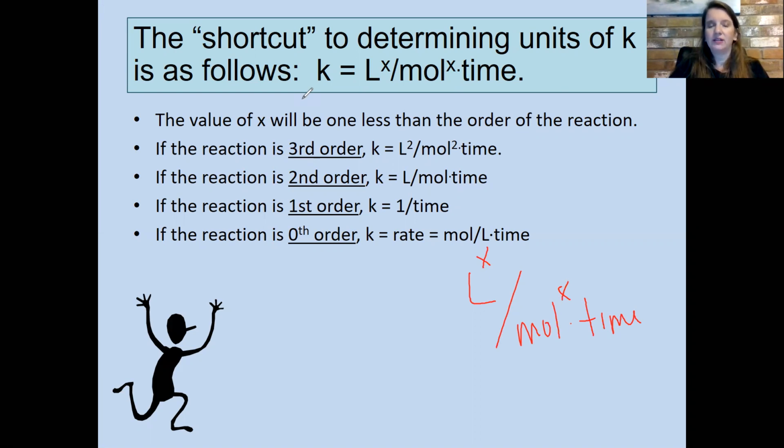Again, to find the overall order of your reaction, you add your exponents together, and then you just subtract 1 to find the exponent for your K units. So if your overall reaction is third order, then the exponent on the liters and the moles would be 2, 1 less than the overall order.